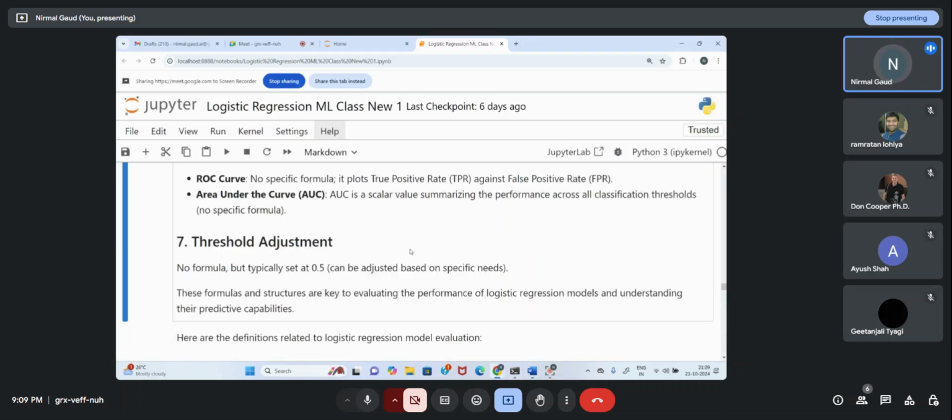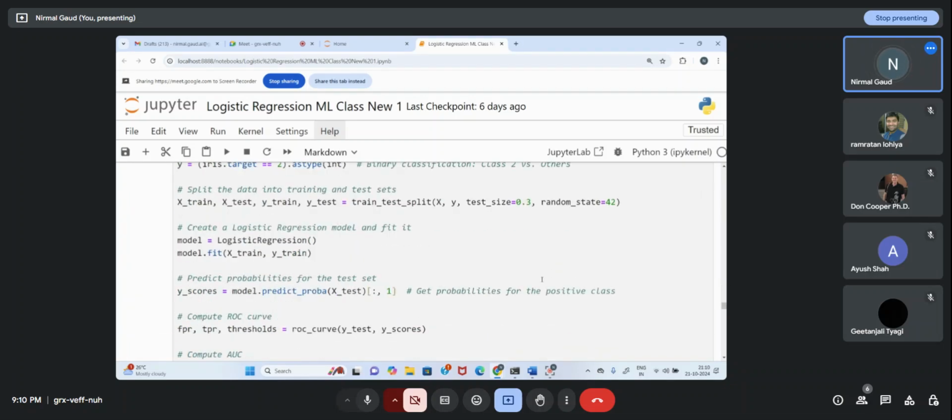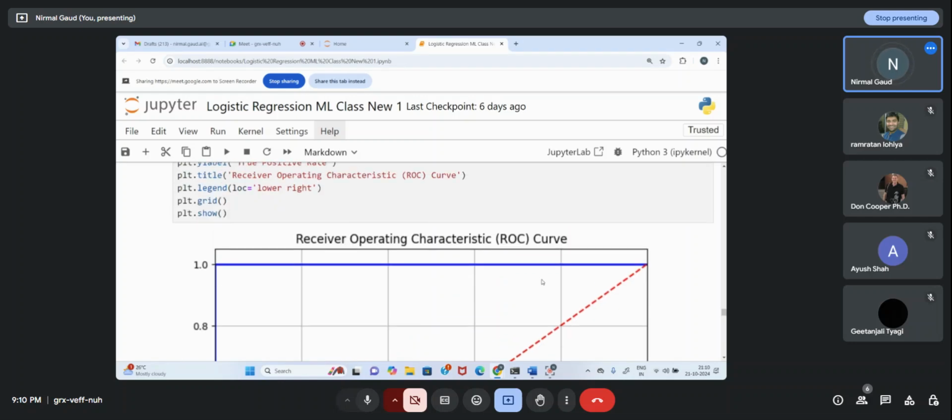We are still evaluating our model, checking and summarizing its performance, how the model is behaving. So whether it is the ROC curve or the AUC, model performance is being checked. We have a code for it.